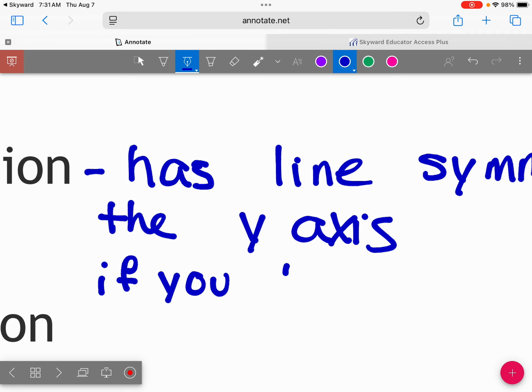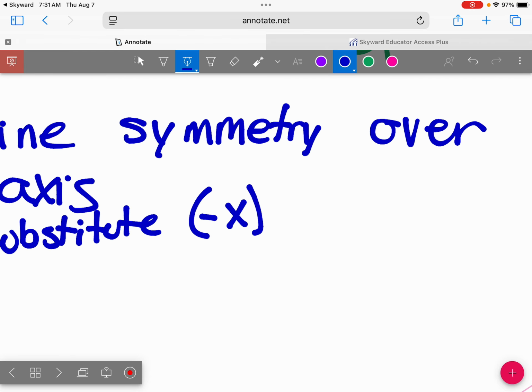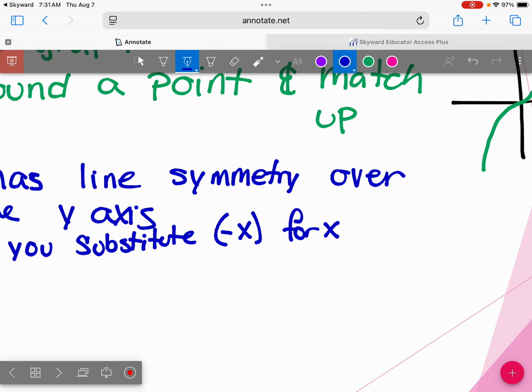If you substitute in minus x for x, like if we get an equation y equals x squared, and I put minus x in its place and we simplify it as much as we can, with an even function, we're going to get back exactly what we started with.